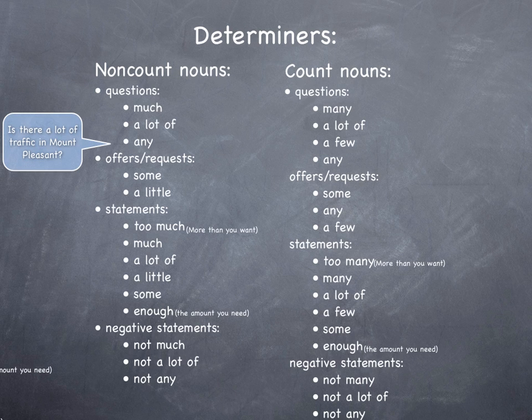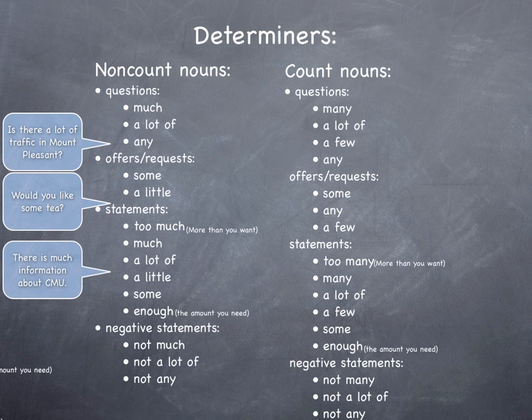For offers or requests, we use some or a little, like, would you like some tea? For statements, we use too much, which means it's more than what you want, or much, a lot of, a little, some, or enough. Enough means it's the exact amount that you need. An example is, there is much information about CMU.